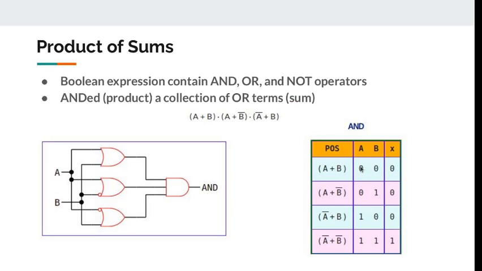For example, to represent AND, it's A or B, not the complement of A or B, it's A or B where my function is false. So A or B and A or complement of B, and complement of A or B. So the function is the opposite, so it's the product of sums.